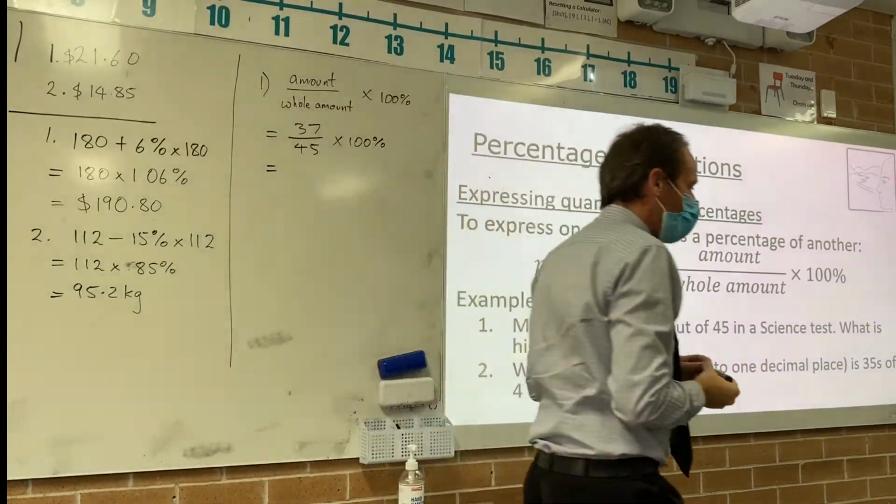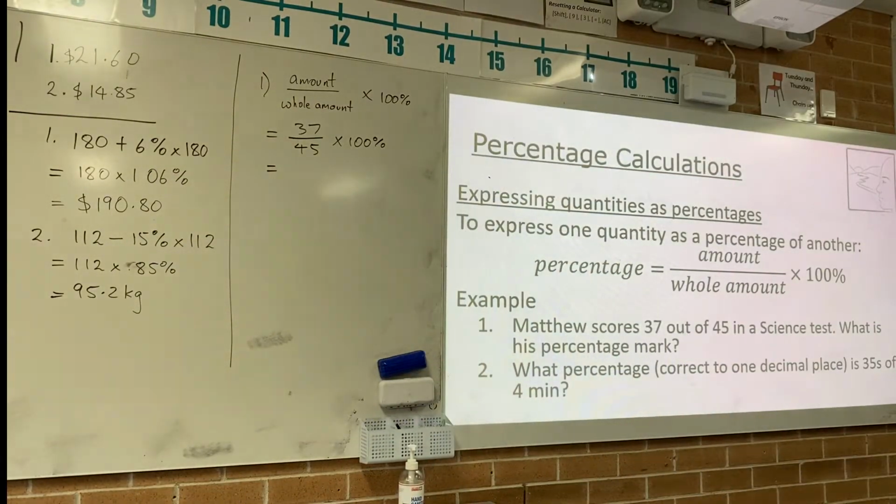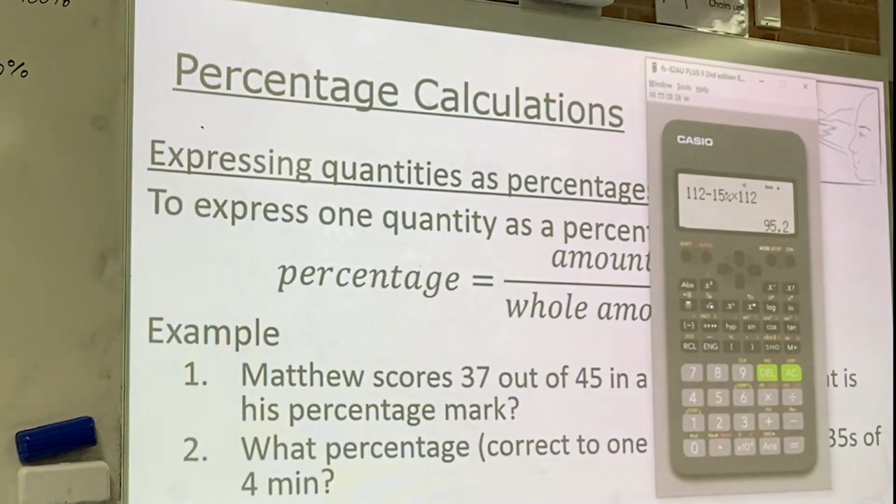Now, I'm not that good with fractions, so I need to use my calculator. I clear what's on there, and use just a normal fraction button. I don't need the mixed numeral. 37, press across to the right, 45, press across to the right.